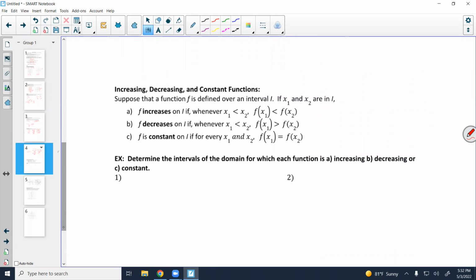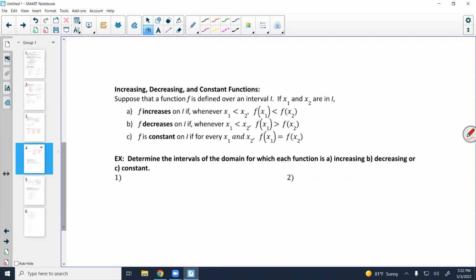Okay, now we're talking about increasing, decreasing, and constant. Suppose a function f is defined over an interval I. If x1 and x2 are in I, f increases on I if whenever x1 is less than x2, f of x1 is less than f of x2.